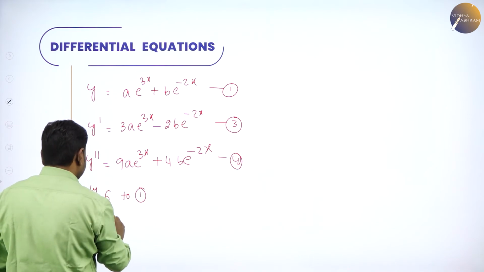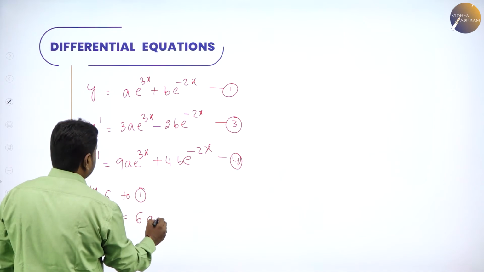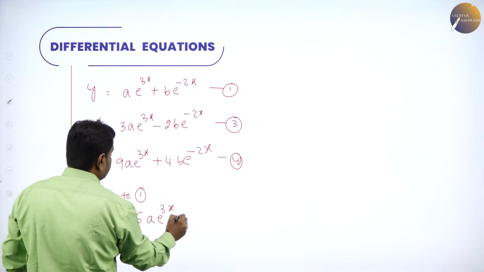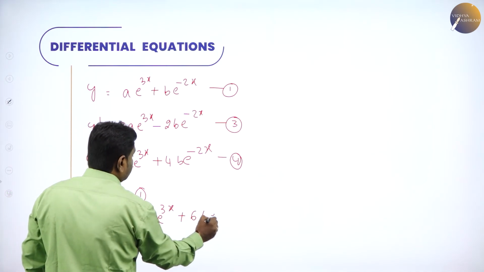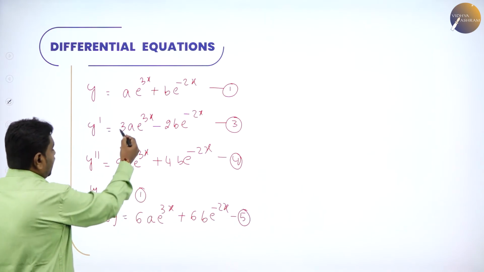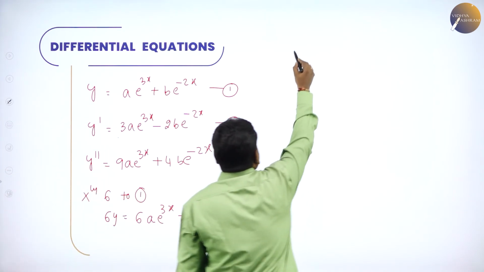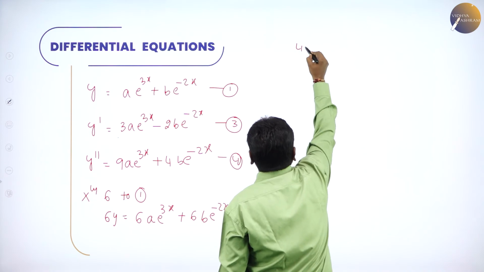If I do that, I'll get 6y is equal to 6 times a e power 3x plus 6 times b e power minus 2x, call it as 5. Now observe, if I subtract these two, I'll get 6. So what I'll do, perform 4 minus 3.